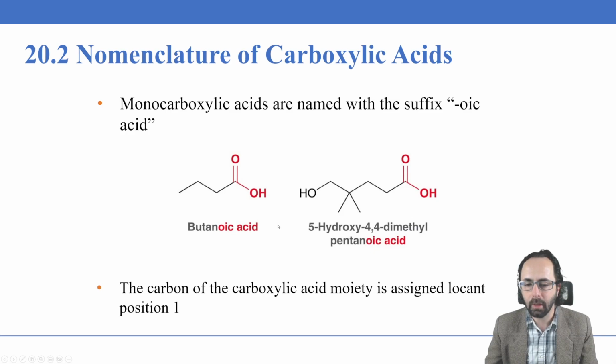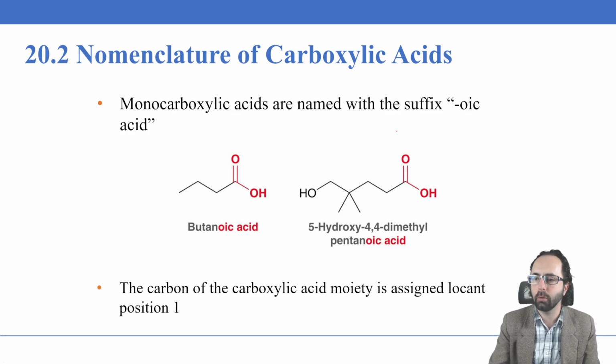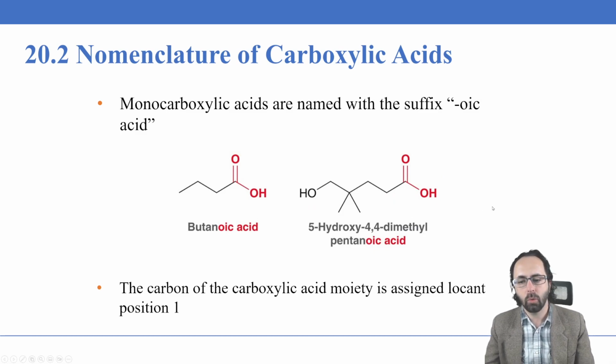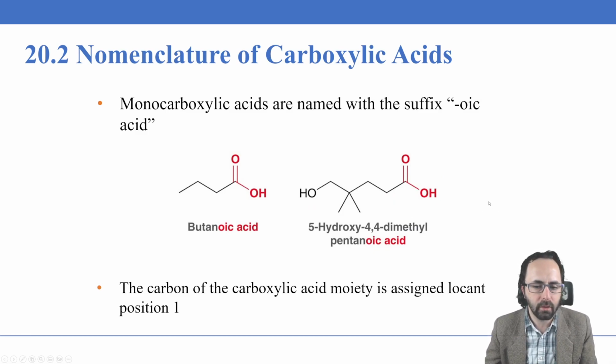In terms of the naming, the carboxylic acid is going to be our highest priority group, higher than the aldehydes and the ketones, higher than the alcohols. So if you have, for example, an alcohol group here, this is going to be secondary to the carboxylic acid group. So the parent chain will include the carboxylic acid group.